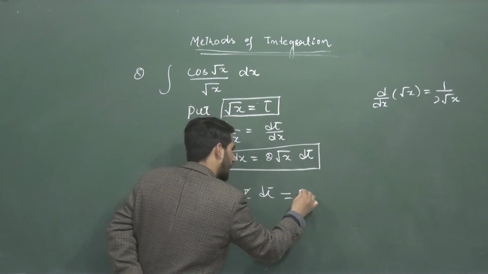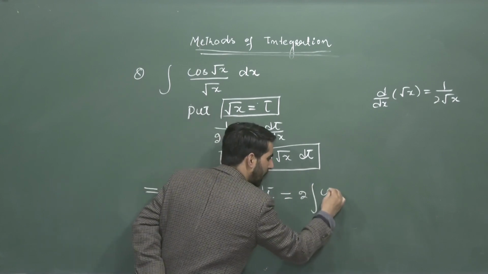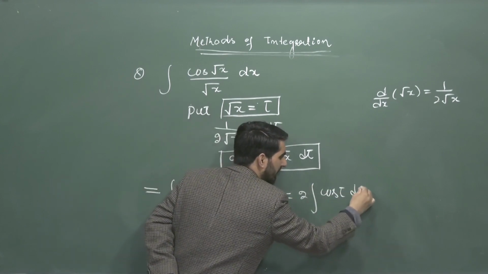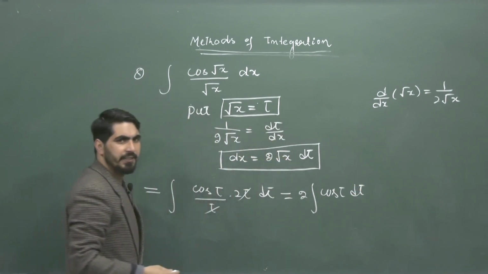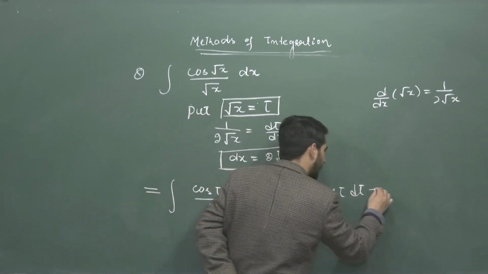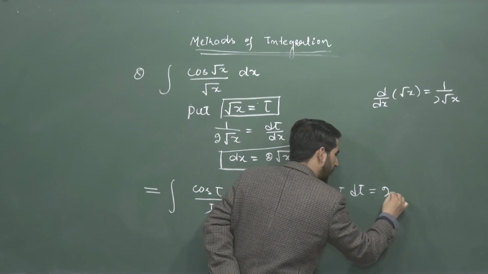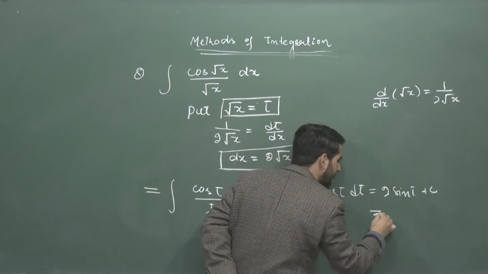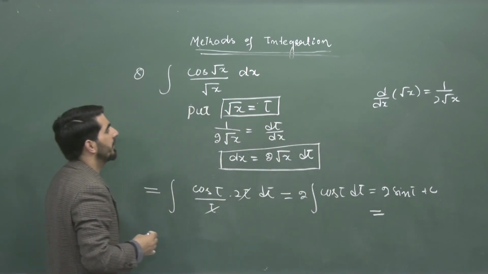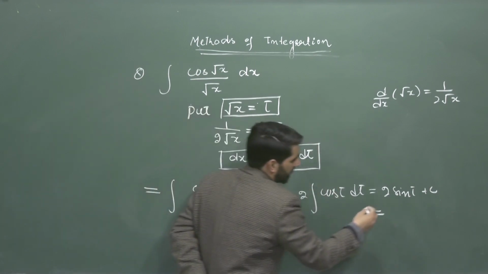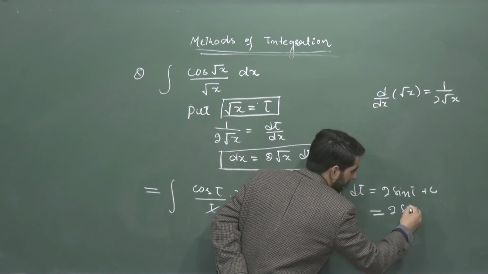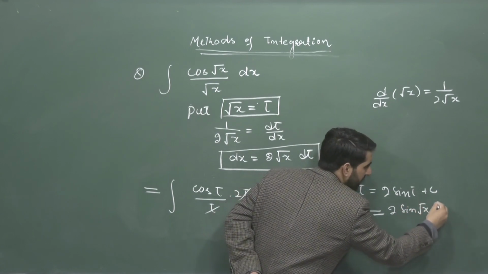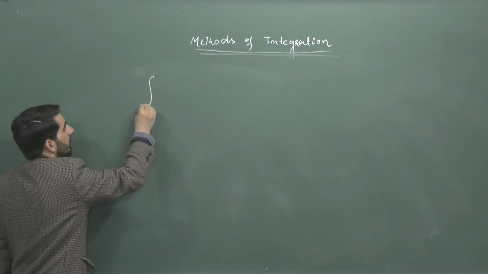This will be twice integral of cos t dt. As we know that the integration of cos t is sin t, that will be twice sin t plus c, replacing the value of t, that is root x, so twice sin of root x plus c.